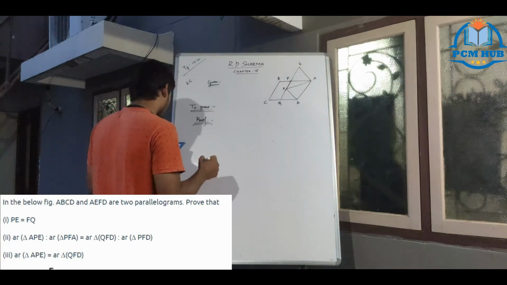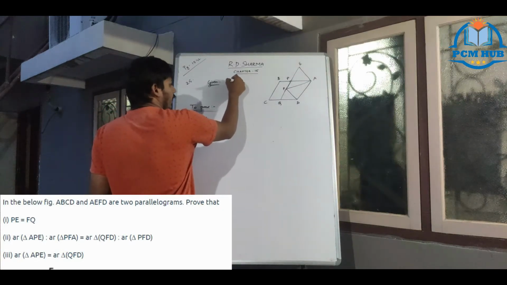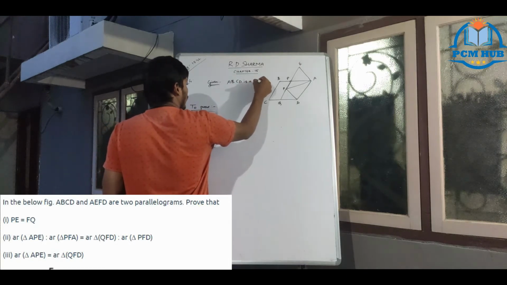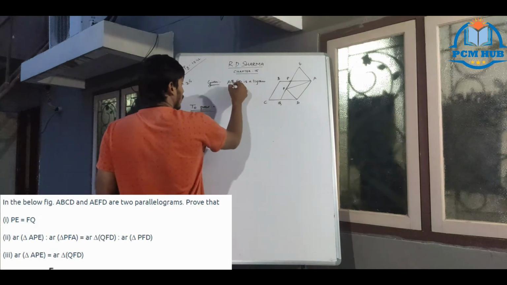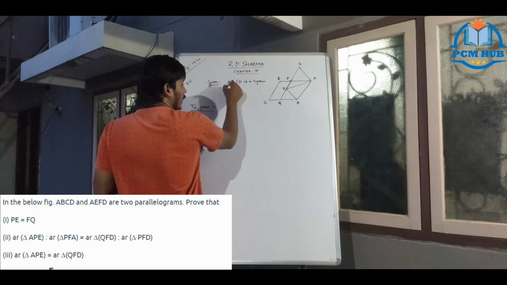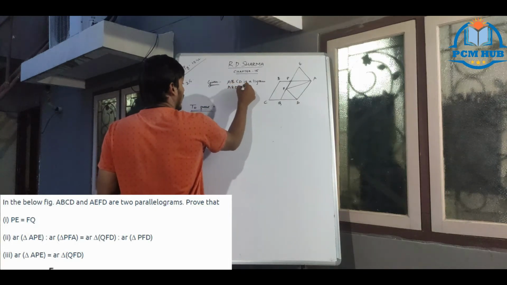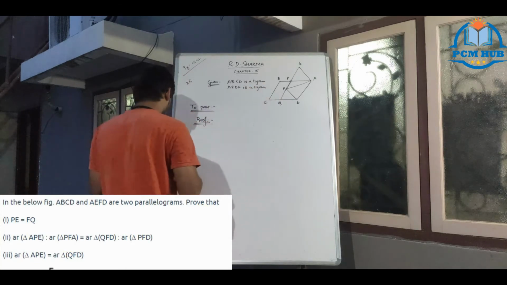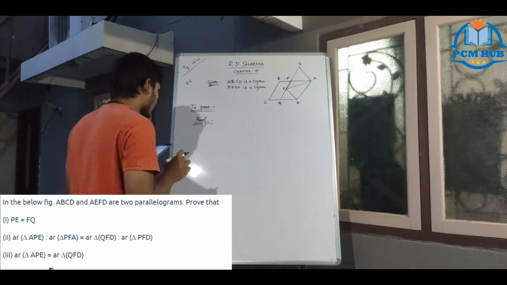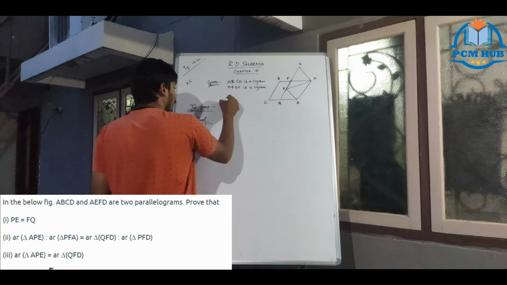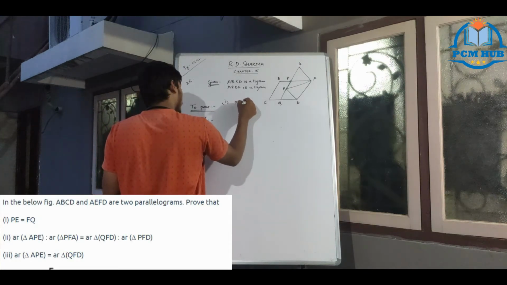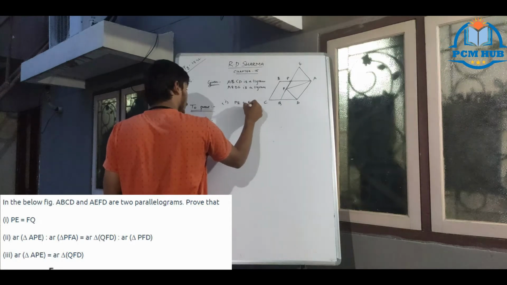Okay. So ABCD is a parallelogram. AEDF is a parallelogram. Those two are given. So what is to prove? First, PE equals FQ.